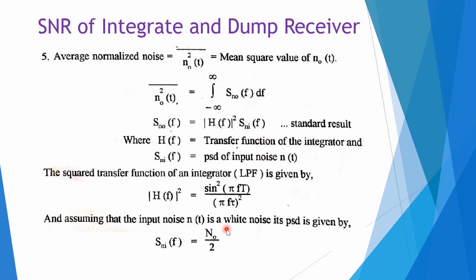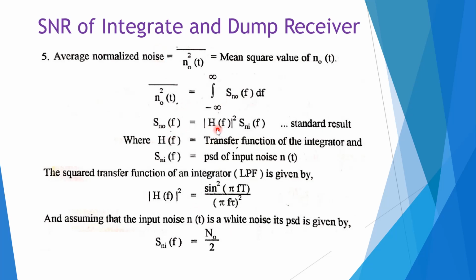Now average normalized noise N0 square of t, that is the mean square value of N0 of t, is integration from minus infinity to infinity of S_N0 of f df. If you find out, you will be getting S_N0 of f.